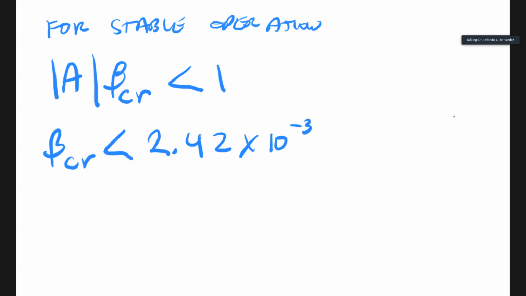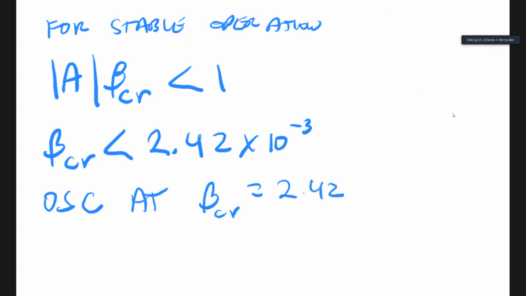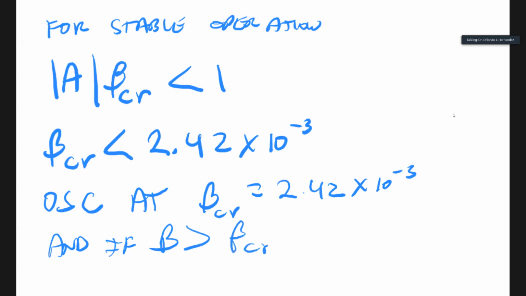So what that means is that we get oscillation at beta equal to 2.42 times 10 to the minus 3, and if beta is greater than that critical beta, then that implies instability.